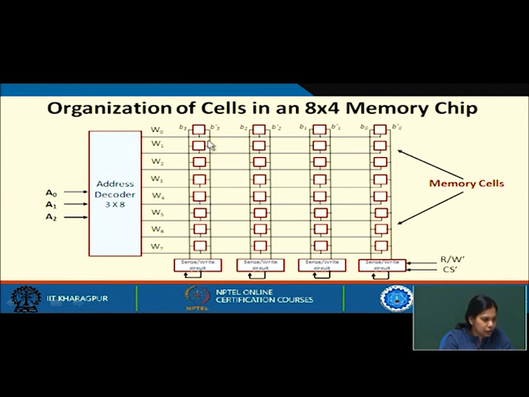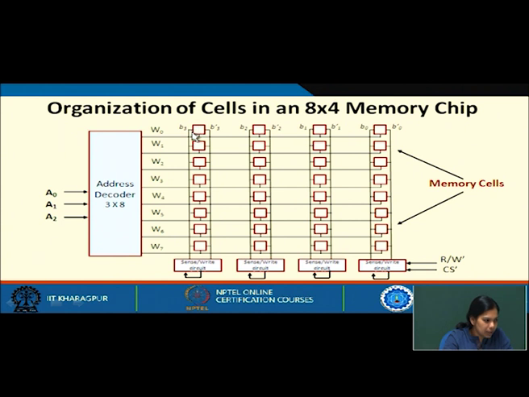In each row, there are 4 bits which can be taken out. An individual memory row is connected with a word line. These are called word lines, W0, W1, W2.